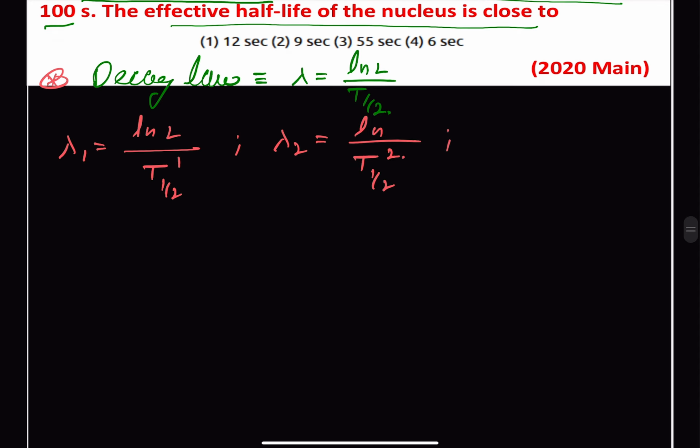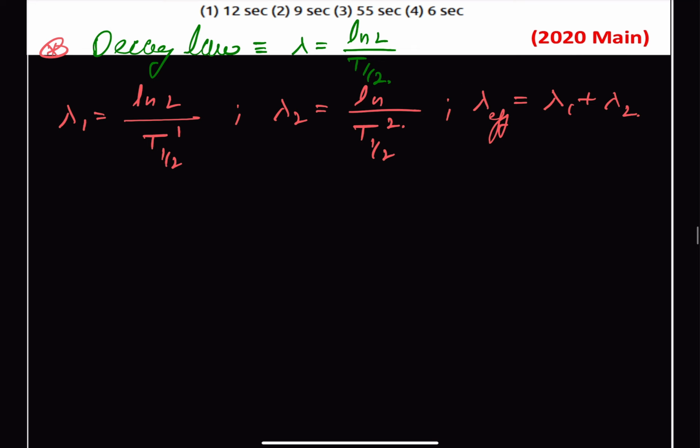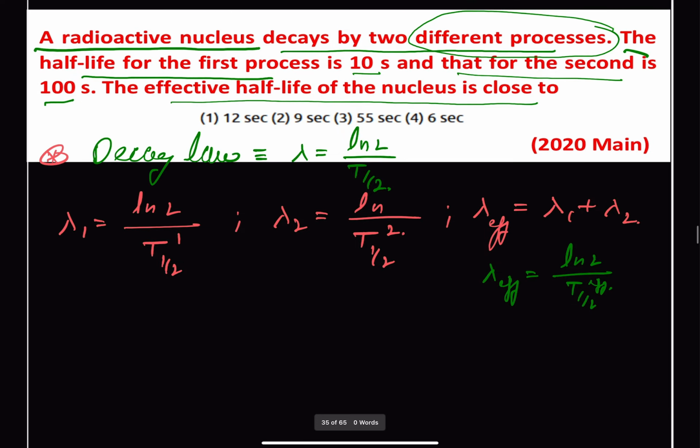These are two independent processes, so we can say lambda effective is equal to lambda 1 plus lambda 2, and our lambda effective can be written as natural log of 2 divided by T half effective. And we are supposed to find out the effective half-life.